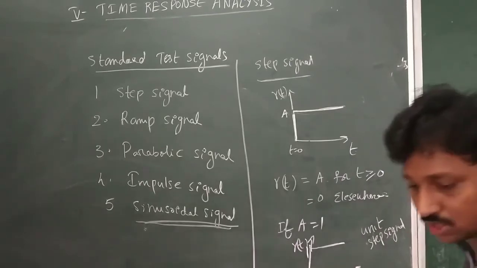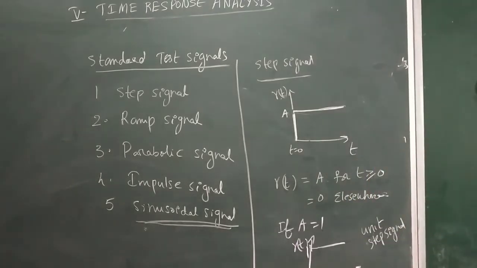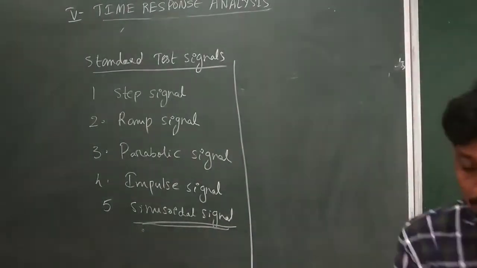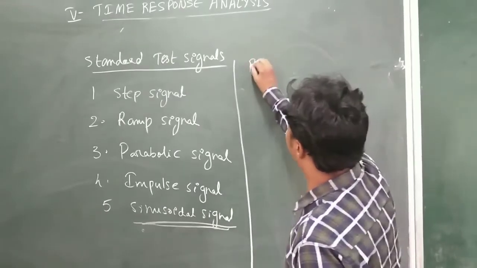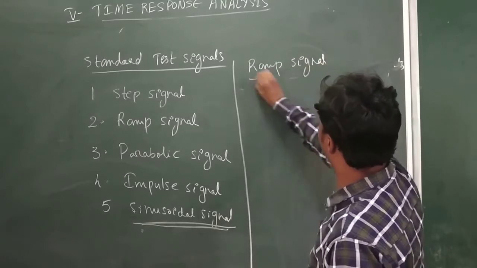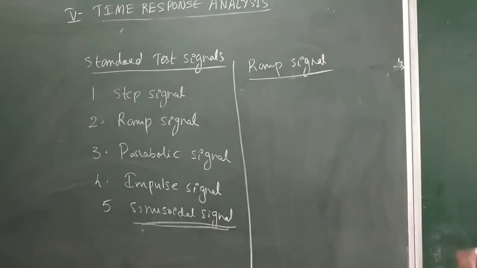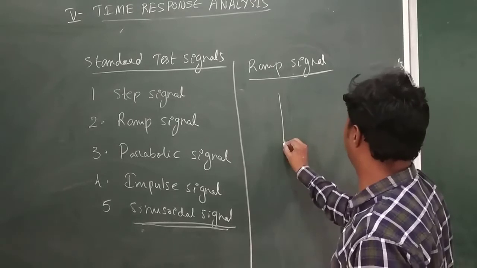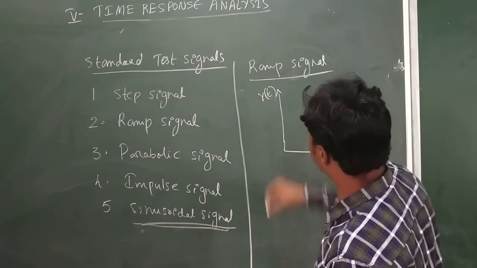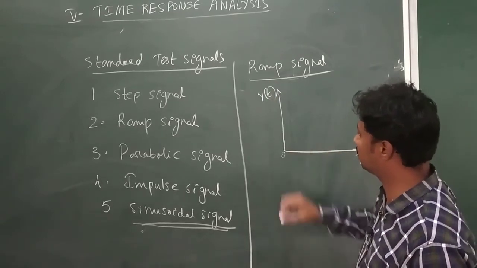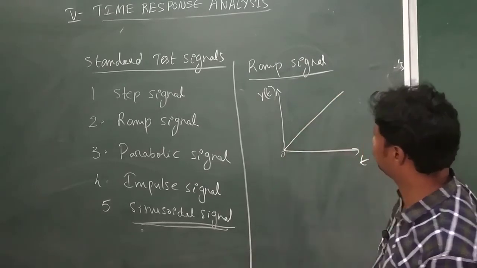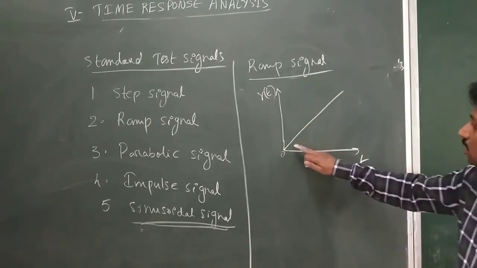Next we are going to study the ramp signal. We see the graph: this is t and this is R of t. At t equal to 0, it has this kind of slope. This is the ramp signal.